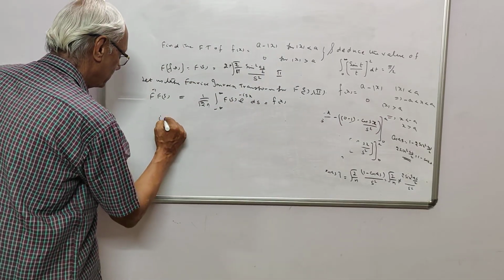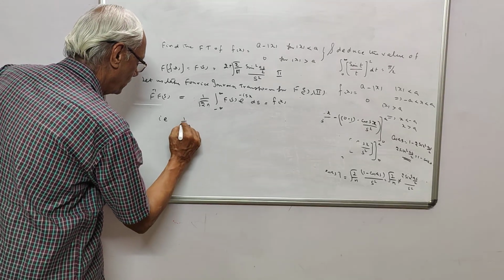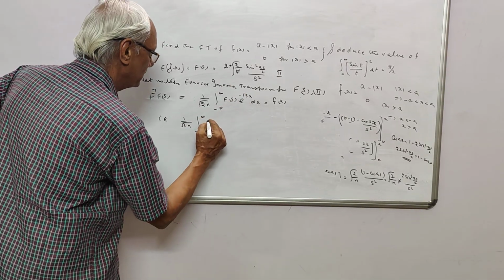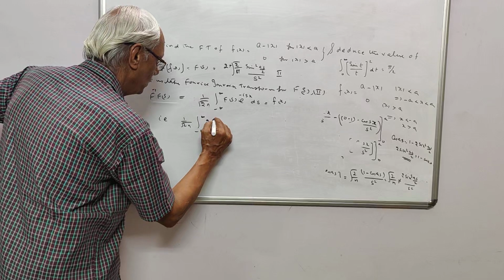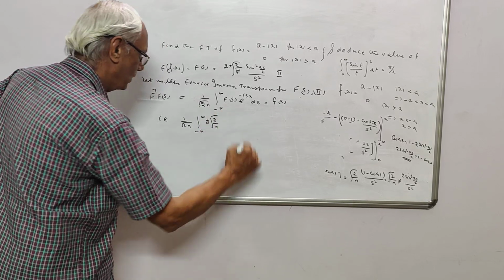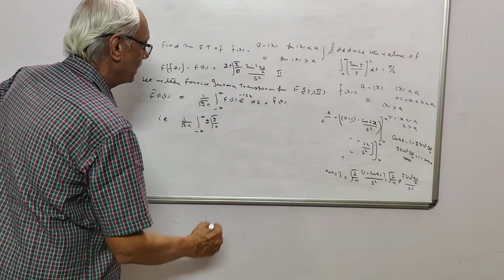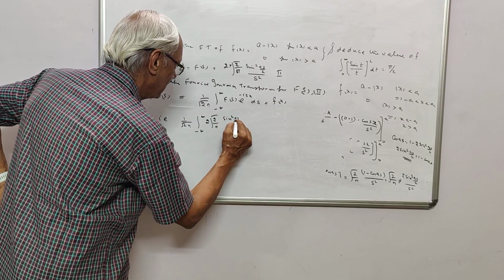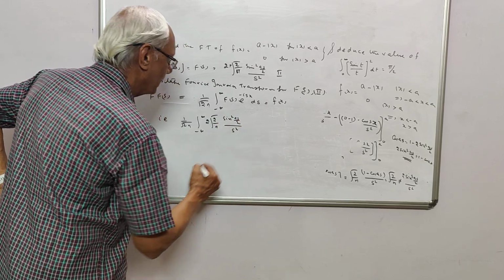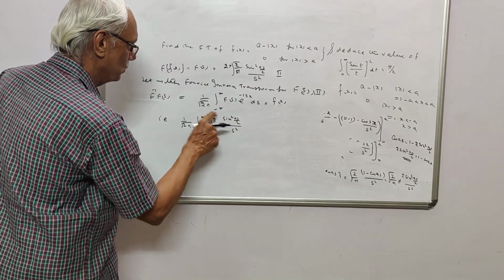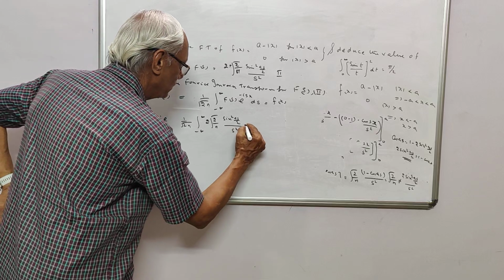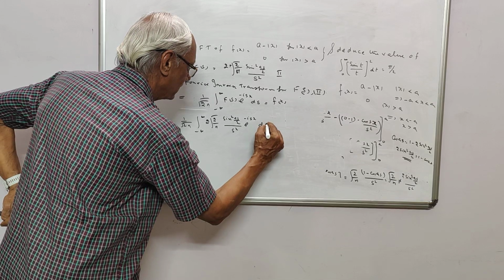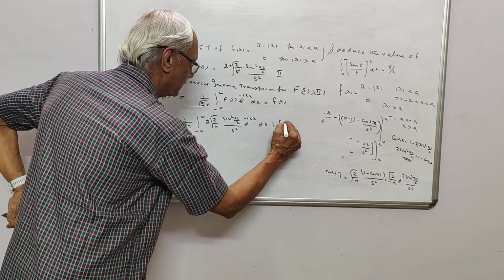That is 1 by square root of 2 pi, integral from minus infinity to plus infinity, in the place of f of s you put 2 into 2 by pi square root into sine squared as by 2 divided by s squared into e to the power of isx, ds. So this is equal to your f of x.